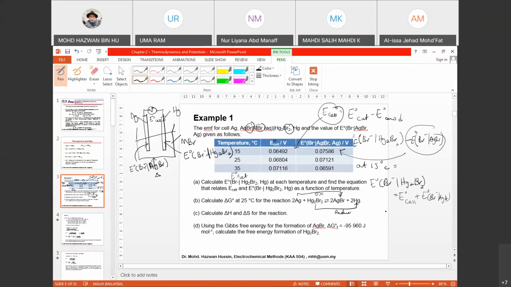At 15 degrees C, what you get is 0.06492 plus 0.07586. Probably the value that you will get is 0.14.